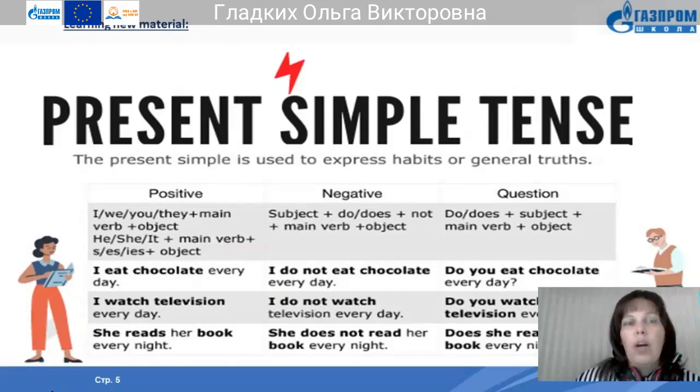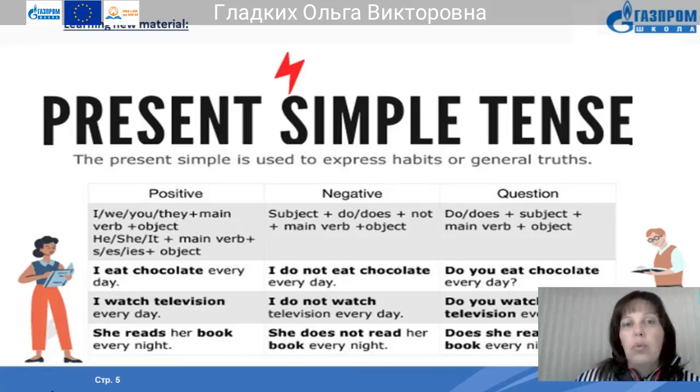The topic of our lesson is the verb be in affirmative, negative forms and questions. And also we are going to talk about the words really and very to express emphasis. By the end of the lesson, you will be able to use present simple tense and the words really and very to express emphasis.